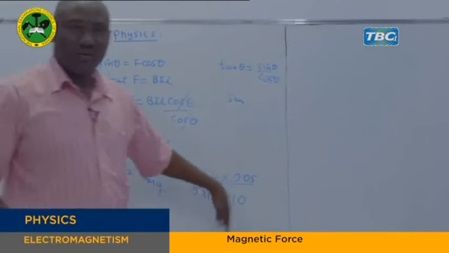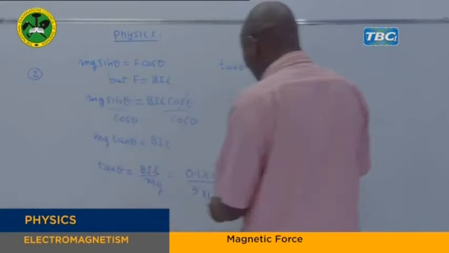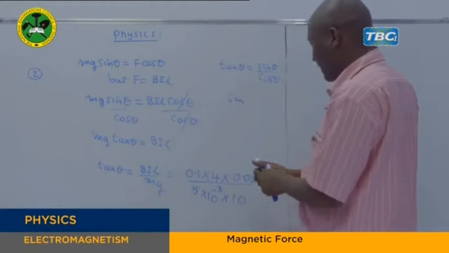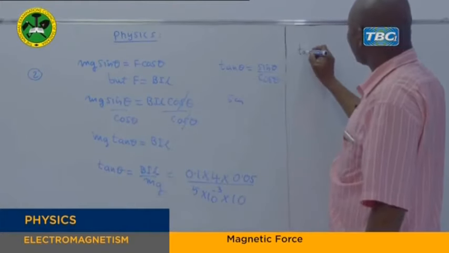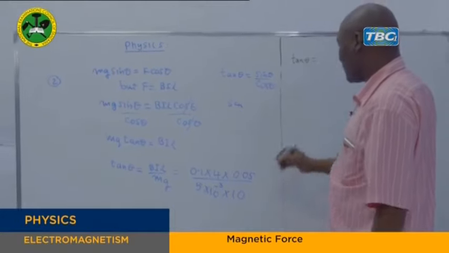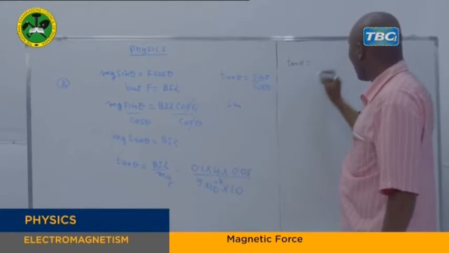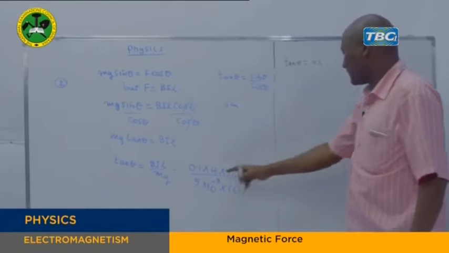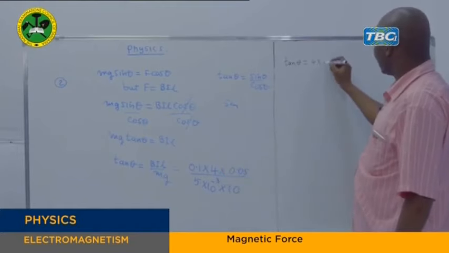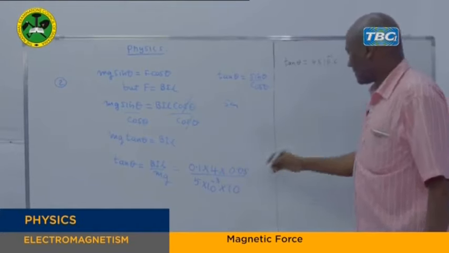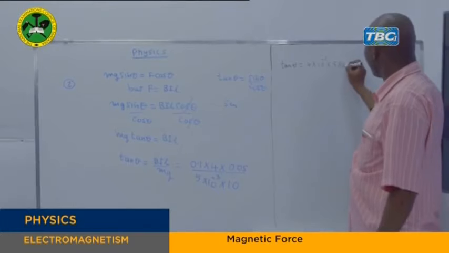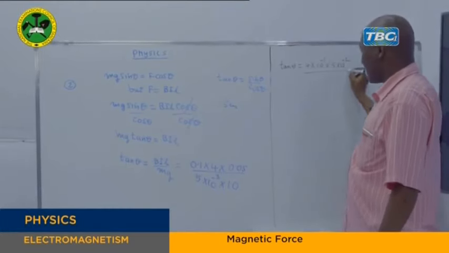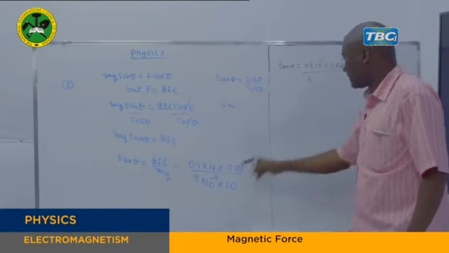Okay. Now using your calculator you can find out the tan of this theta. But here you can see tan of that angle equals 4 times 10 negative 1, times 5 times 10 negative 2, divided by 5 times 10 negative 2.